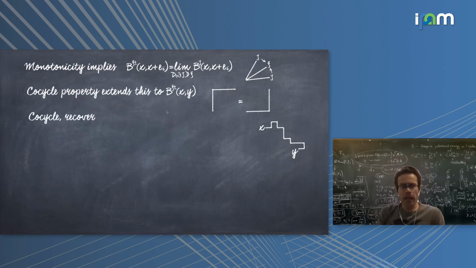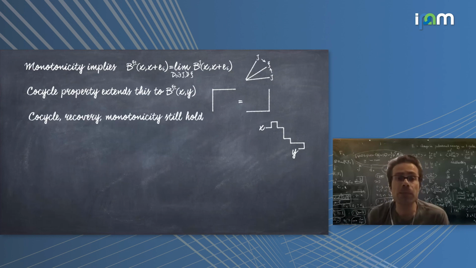Okay, so now the limiting objects, both B^ξ+ and B^ξ−, will have the cocycle, recovery and monotonicity properties. Recovery and monotonicity just hold because they only depend on increments that are on nearest neighbors, so there's nothing really to check. It just passes from the B^ζ having this property.